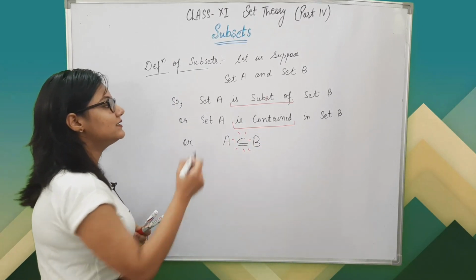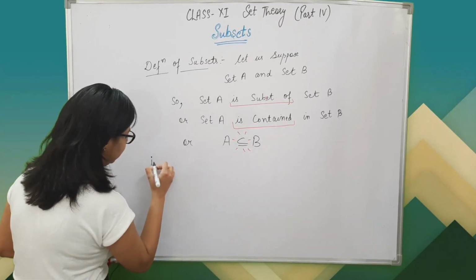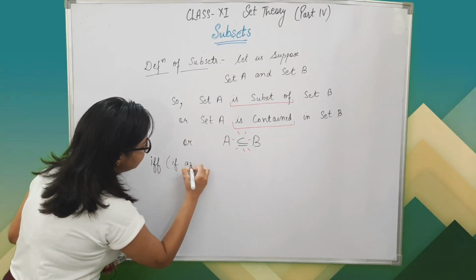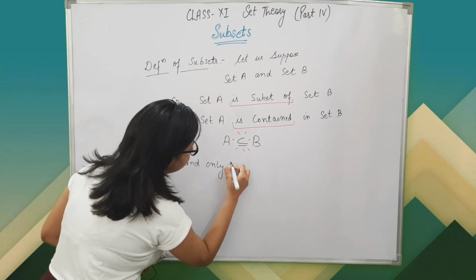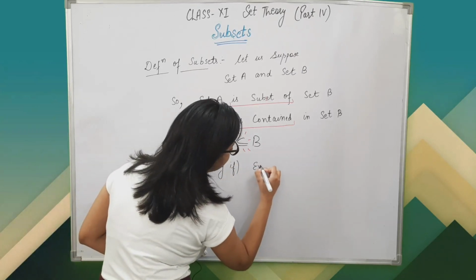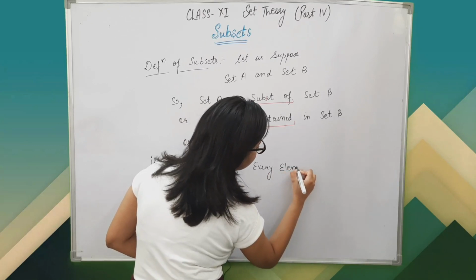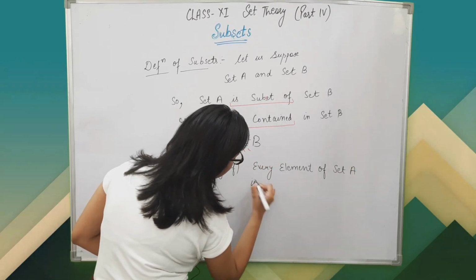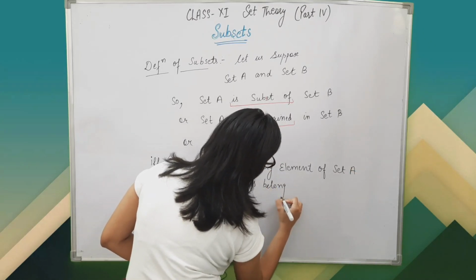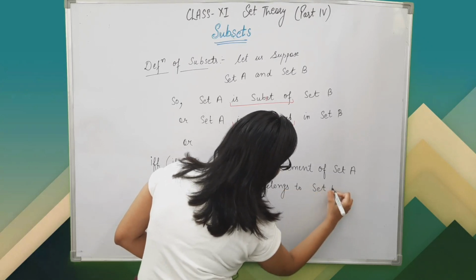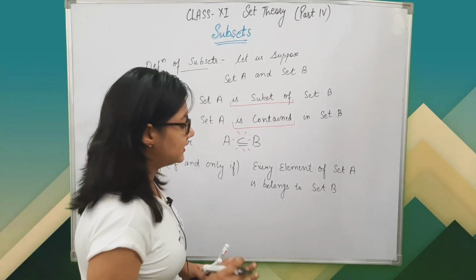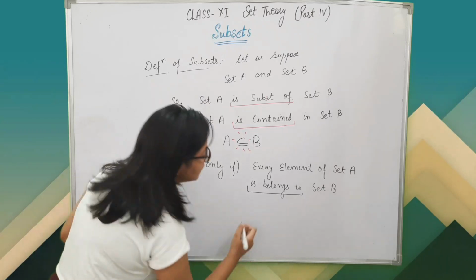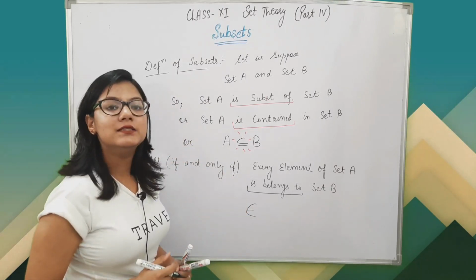So you can say a set is a subset of another set if and only if, you are already aware of the symbol of this, if and only if every element of set A belongs to set B. We already discussed the phrase "belongs to", and I already cleared that we can use the symbol epsilon for "belongs to".